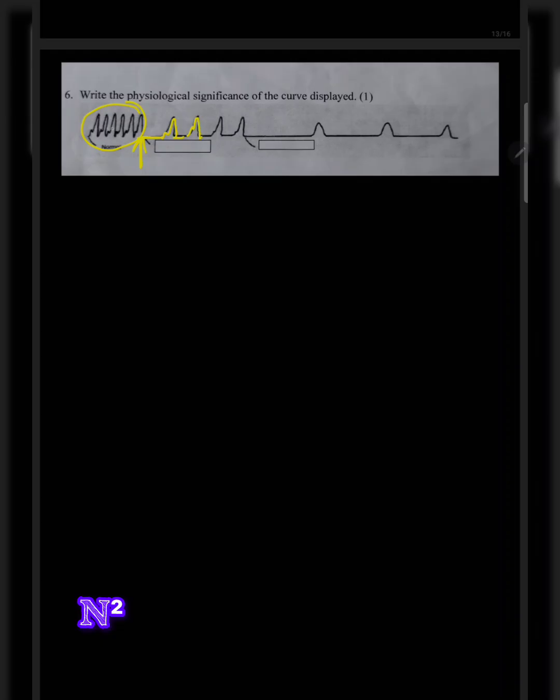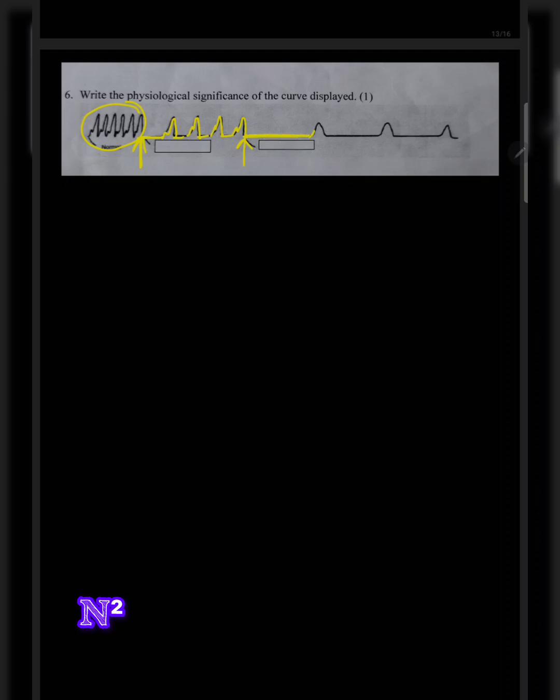But this time around you can see the cardiac activities are happening at a slower rate, as well as the force of contraction is a little bit lesser. Then again at this particular point something is happening, there is some gap in there.